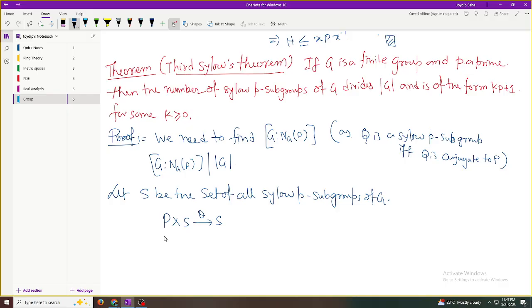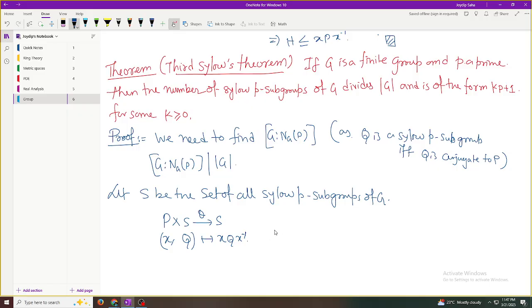I write here X and Q goes to X Q X inverse, conjugation action.